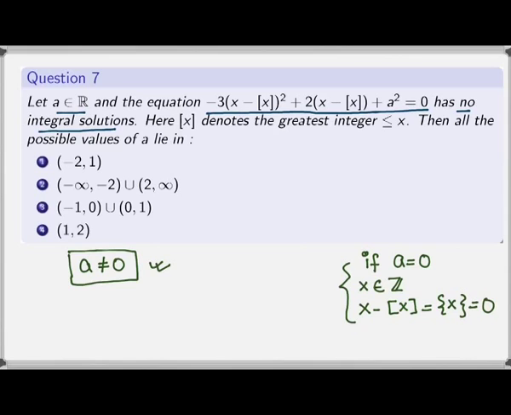Now we substitute x minus integral part of x, which is the fractional part of x, in the given equation, and then we obtain minus 3 into (fractional part of x) whole square plus 2 into fractional part of x plus a square is equal to 0. So we are getting a quadratic equation in the fractional part of x.